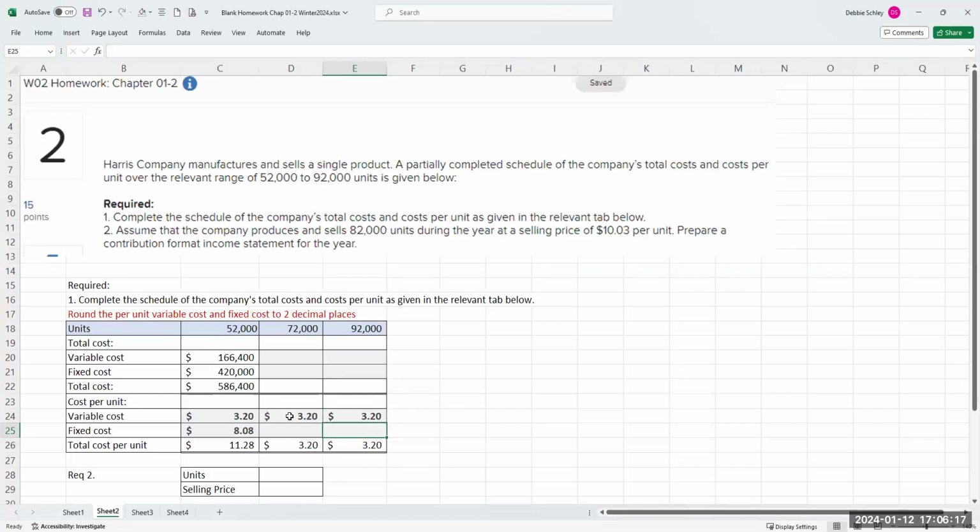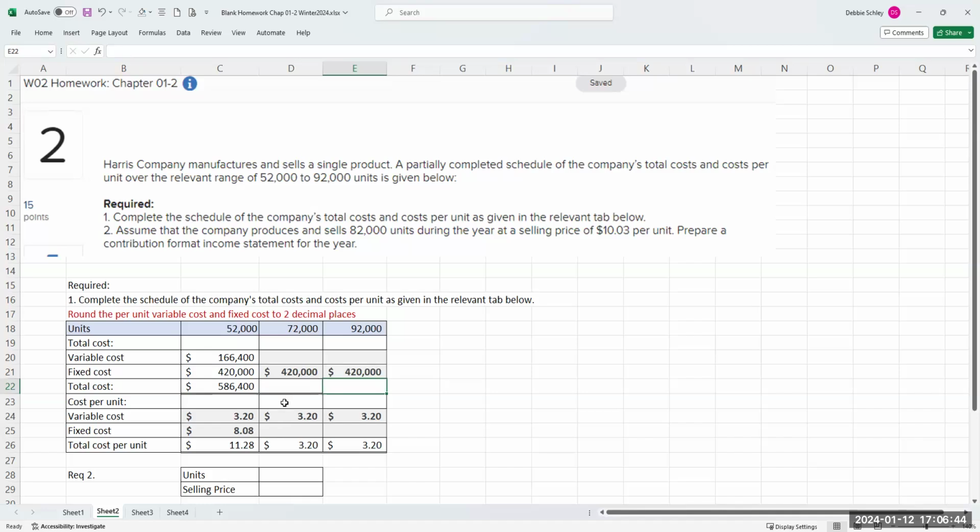So $3.20 is my variable cost per unit, no matter how many units I sell. And then the other one that I know is my total fixed cost remains the same, no matter how many units I produce and sell. So fixed cost is the same across the total fixed cost.